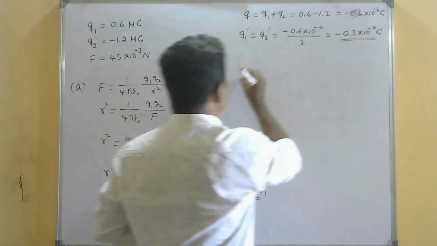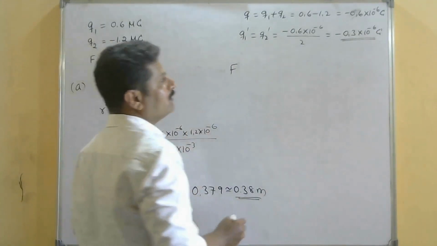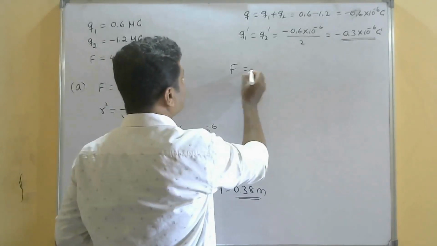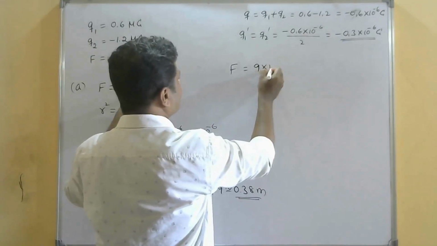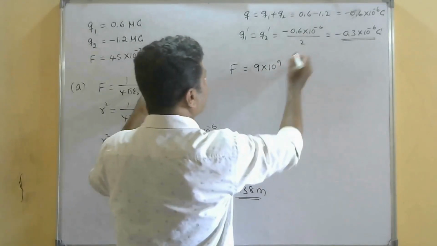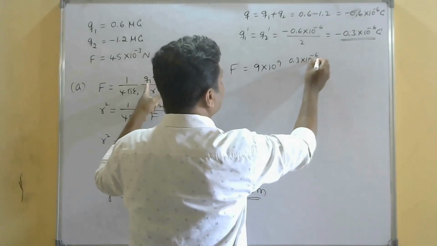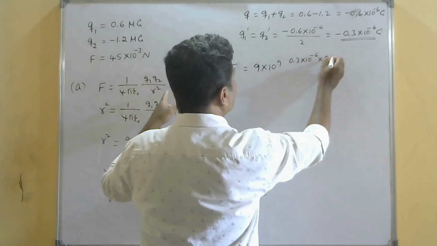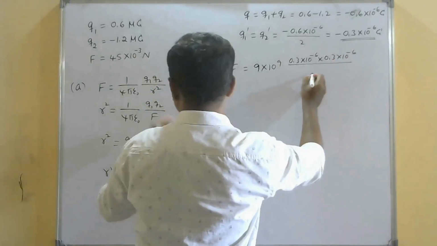Now let us find the force between these two spheres having charges 0.3 into 10 raised to minus 6. F equals, we know that 1 by 4 pi epsilon naught is 9 into 10 raised to 9, and q1 is 0.3 into 10 raised to minus 6, and q2 is also the same, 0.3 into 10 raised to minus 6, divided by r square.